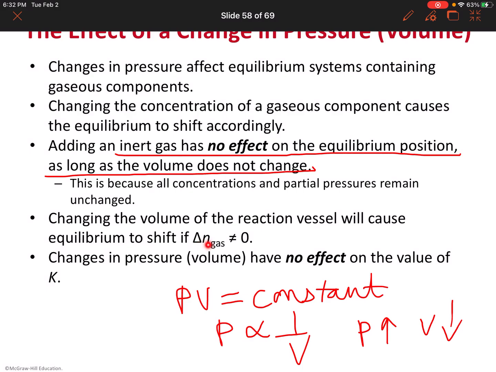But if the delta n, which is the change in number of moles, is 0, nothing will happen. And again, just like the concentration, changes in pressure or volume have no effect on the value of K. Here it's a Kc, and Kc doesn't change by changing the pressure or the volume. But the equilibrium position shifts and then it will become back to the same ratio. But the Kc doesn't change.